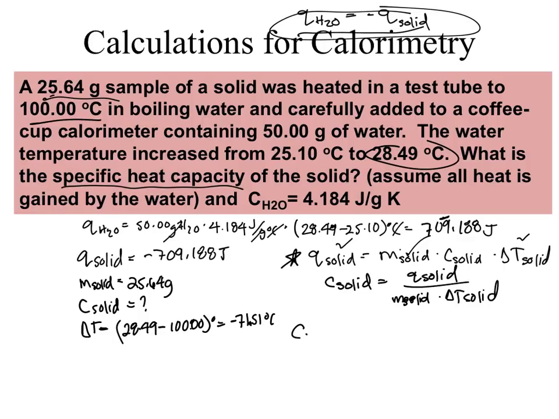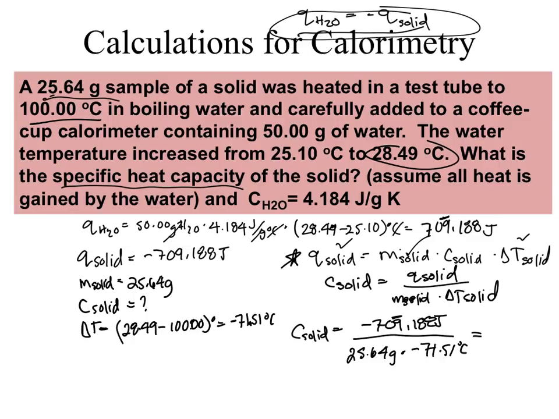So C of our solid is going to equal negative 709.18 joules divided by the mass of our solid, which is 25.64 grams, times negative 71.51 degrees Celsius. And we plug those into our calculator.